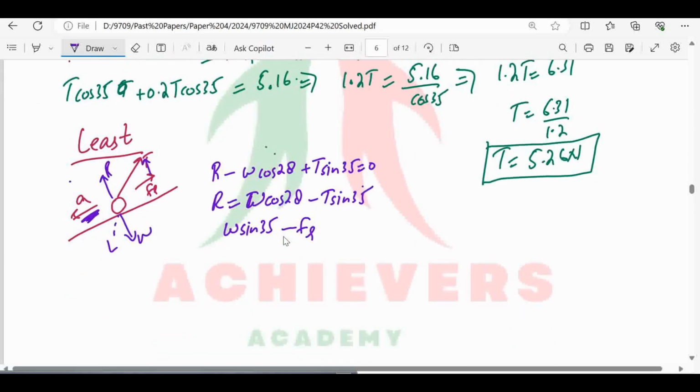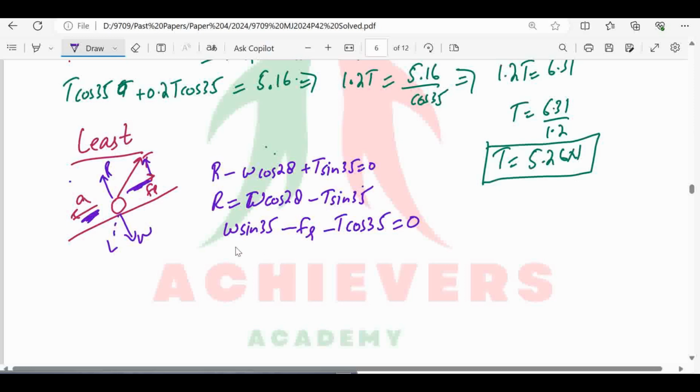Okay, and the other one will be the component of T. So as we know that this horizontal component will be positive, so this will be plus T cos of 35, not positive here, we will take the negative, because we are taking these forces as the positive one and the other one will be the negative one. The upwards forces will be the negative one for this particular case. So is equal to 0. Forward force minus backward forces.